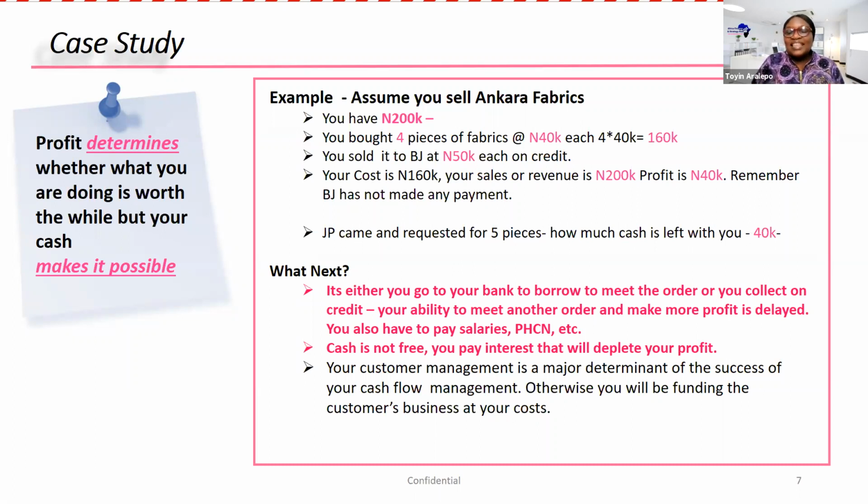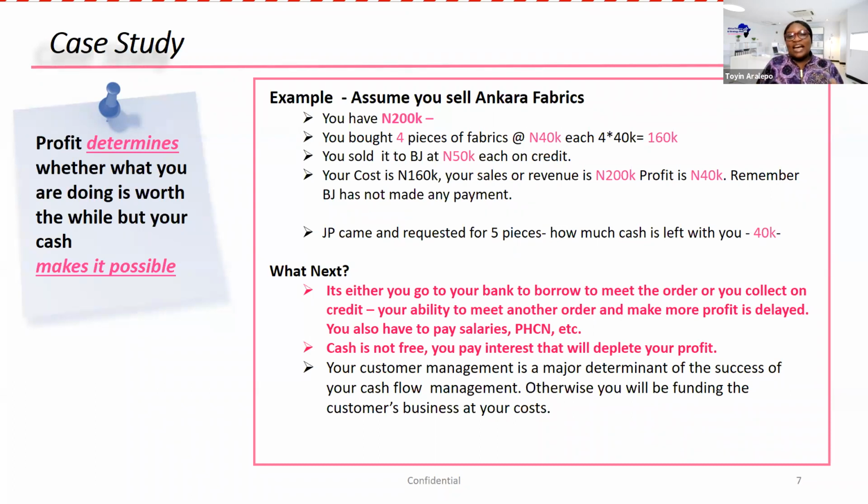So he is denying himself of future sales, he's denying himself of future profits, and therefore he's depleting his cash. And remember also that if he's able to get the loan from the bank, he's going to pay interest because cash is not free. You need to note that down. Cash is not free. He's going to pay interest.